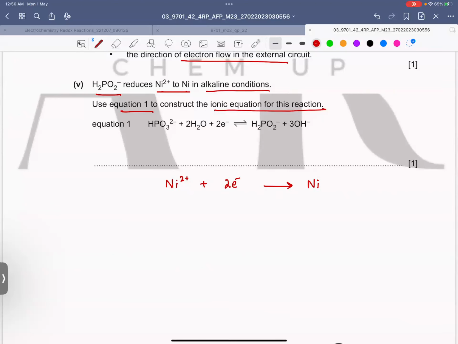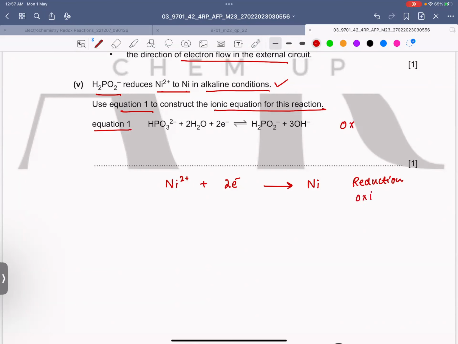Yes, sir. Now, from this first statement, what we can conclude is that in this half cell reduction is taking place, right? So it means that in this equation 1, oxidation occurs.